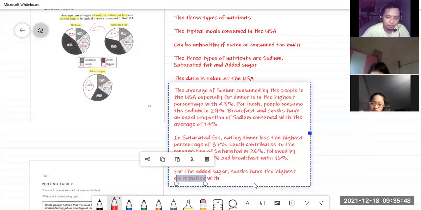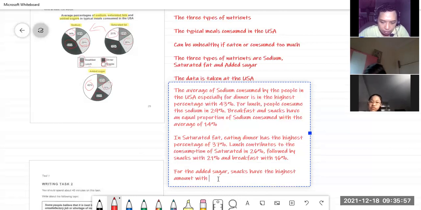Snacks have the highest contribution with 42%.